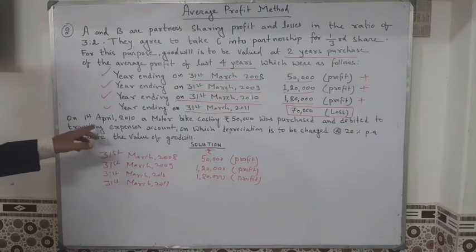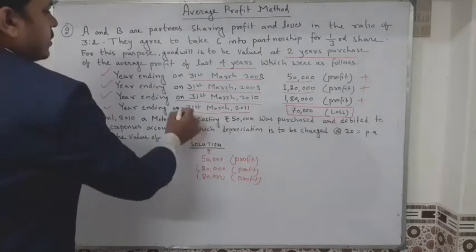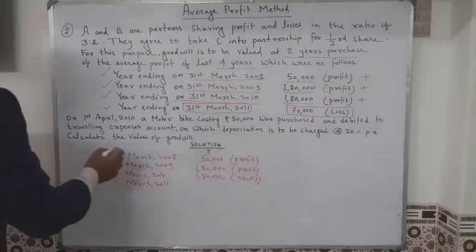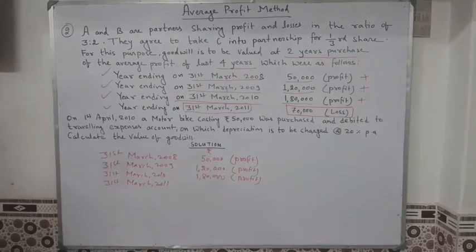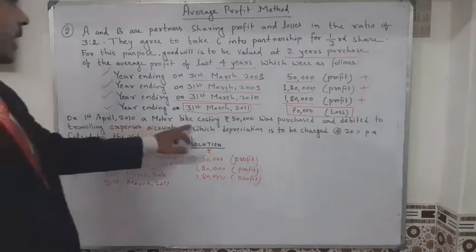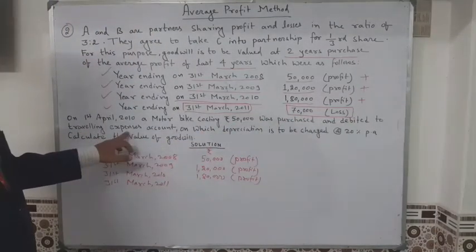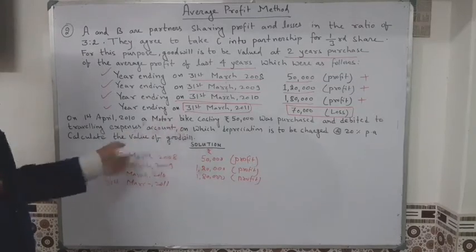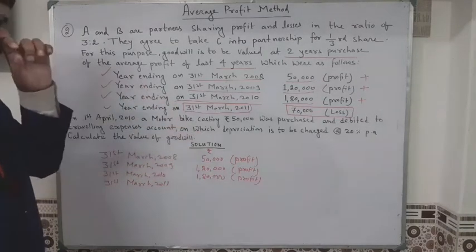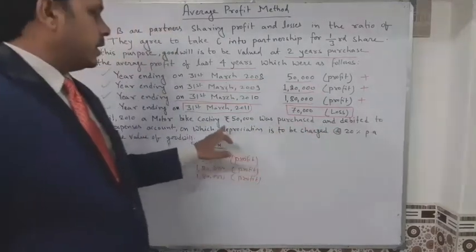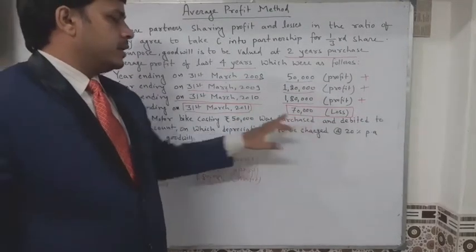See the question. 1st April 2010, a motorbike costing rupees 50,000 was purchased and debited to travelling expenses, on which depreciation is to be charged at 20%. 20% of 50,000 is 10,000.